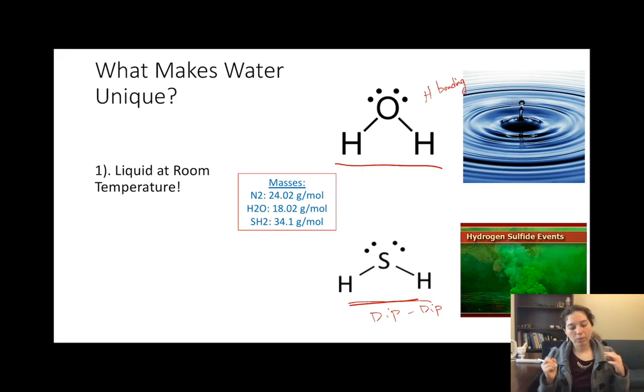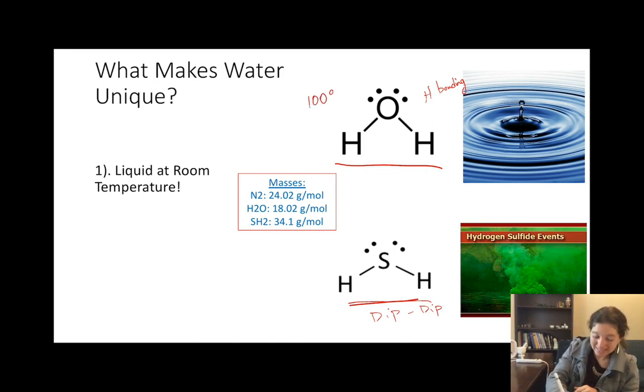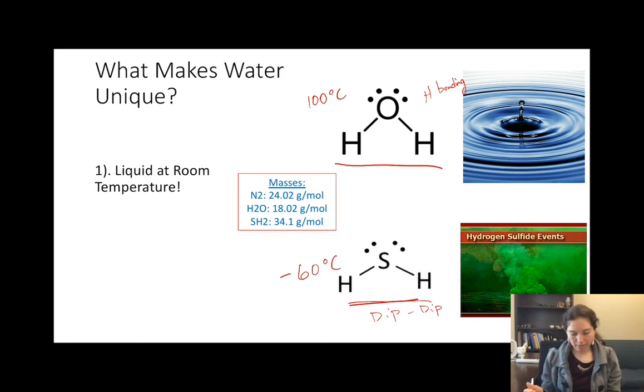And so what's really unique is that this gas here boils at a much lower temperature than water. Water boils at 100 Celsius. Our hydrogen sulfide boils at minus 60 degrees Celsius. This is a huge difference.